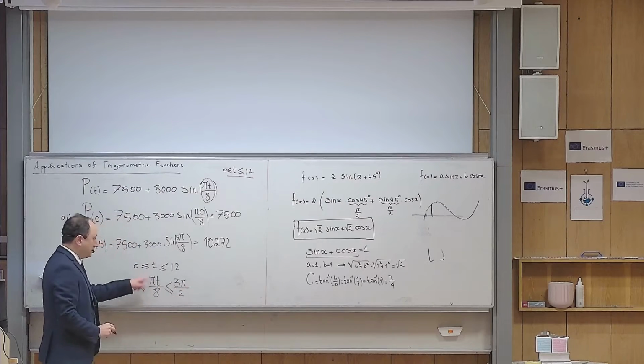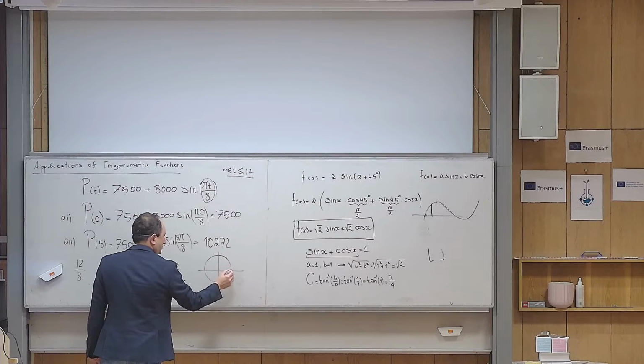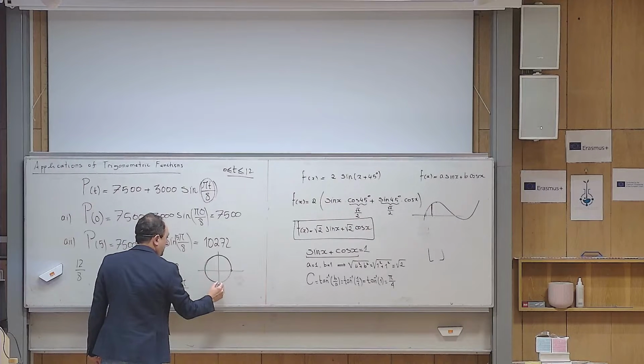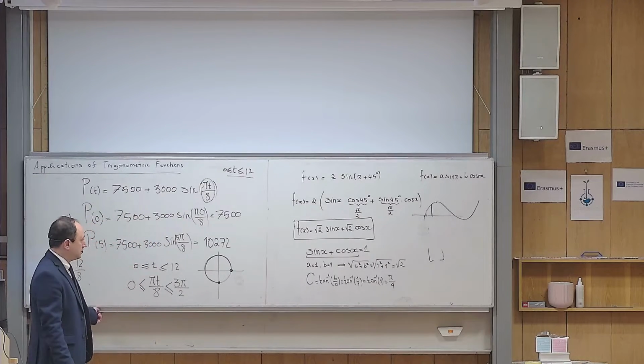So this angle on this interval sweeps this curve. It starts from 0 and goes up to 3 pi over 2. This is the starting point, this is the final point, so my angle traverses this curve. Do you think now I really reached my maximum value as Google said?